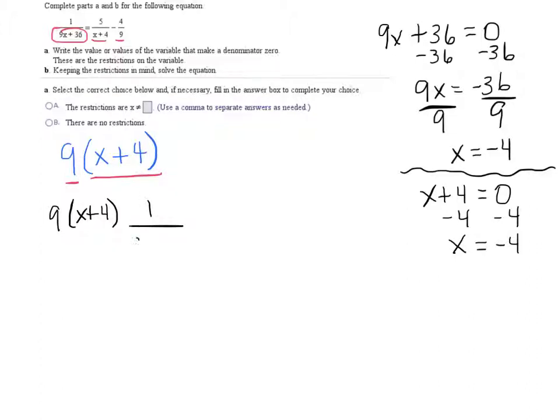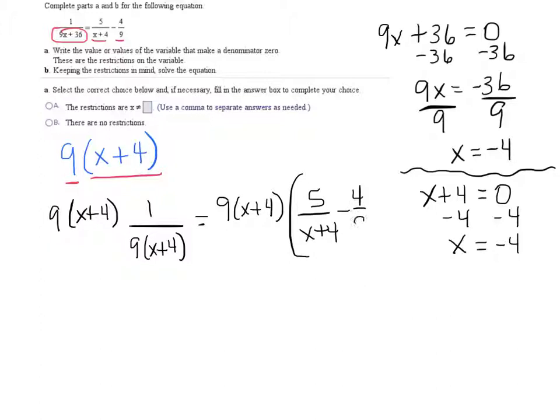And I'm going to rewrite that since I had already had it factored on that side of the equation. And then I'm going to multiply this side of the equation by that. And I'm going to have to distribute.